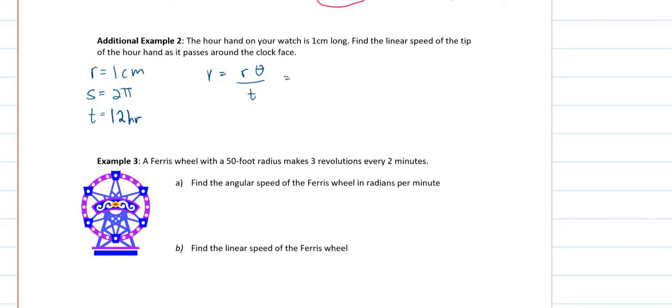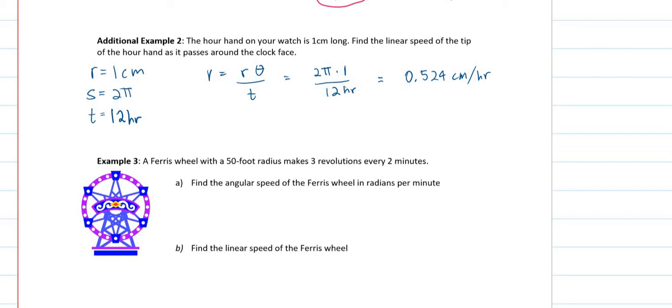Theta is 2 pi, and our radius is 1, so our arc length does end up being 2 pi. And that's going to be divided by 12 hours. In the end, when we put that into our calculators, we get 0.524 centimeters per hour.